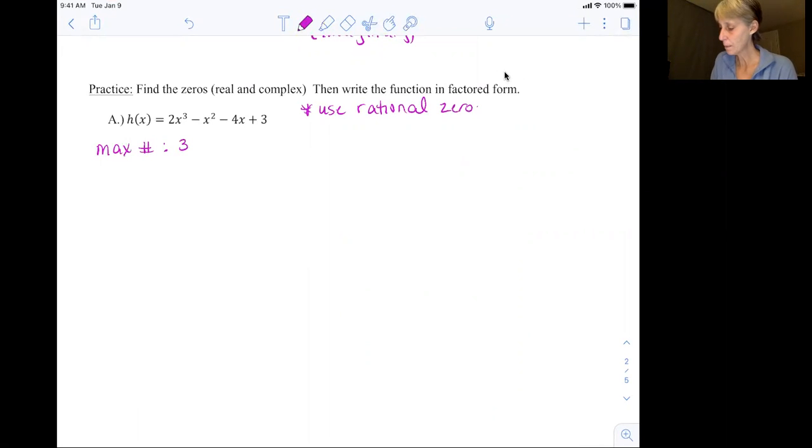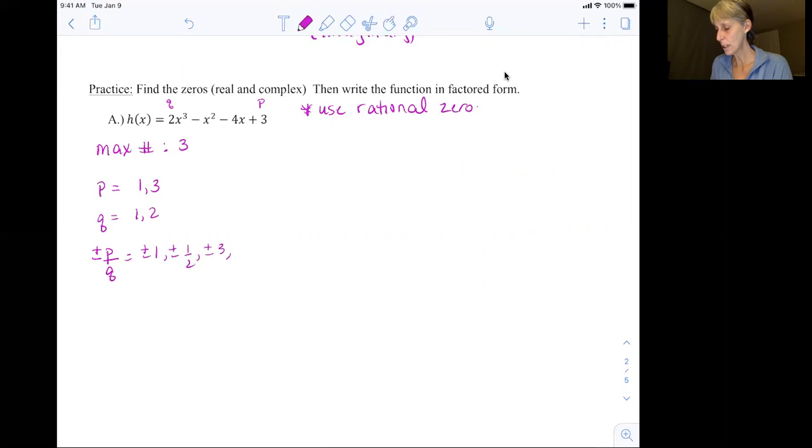Now I'm going to set up P, Q. P is the factors of the last term, 1 and 3. Q is the factors of the first term, 1 and 2. Now I'm going to set up my ratios: plus or minus 1, plus or minus 1/2, plus or minus 3, plus or minus 3/2. All I did was set up a ratio out of each of those numbers.